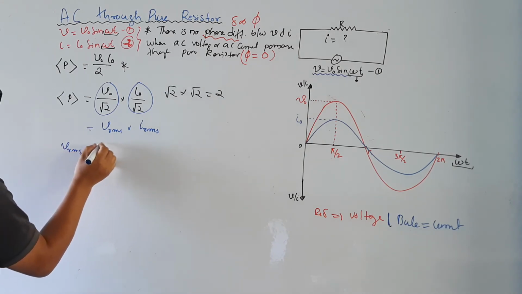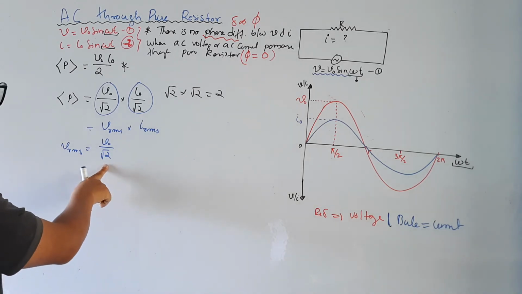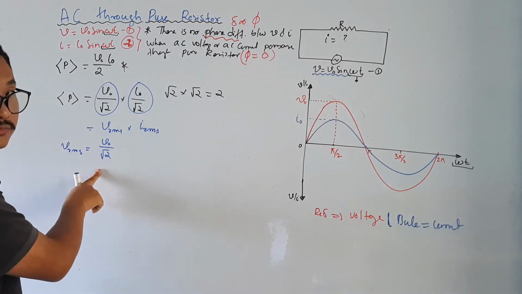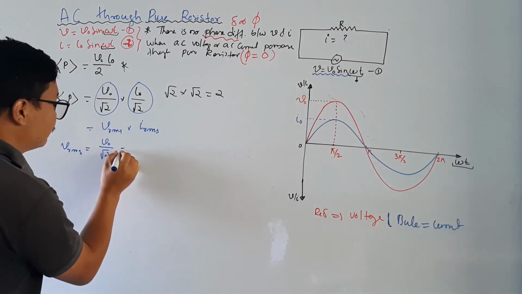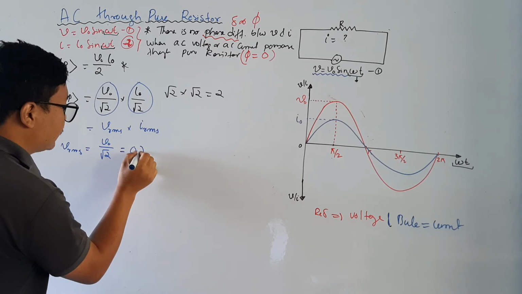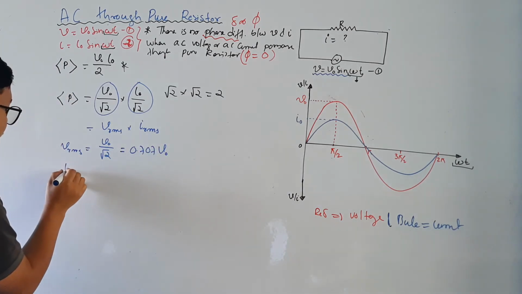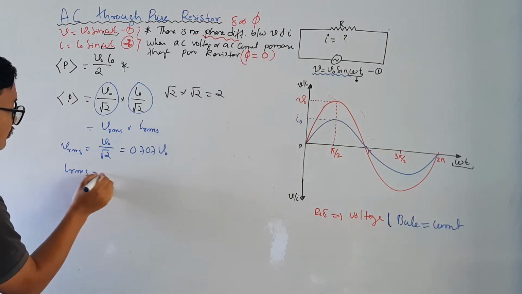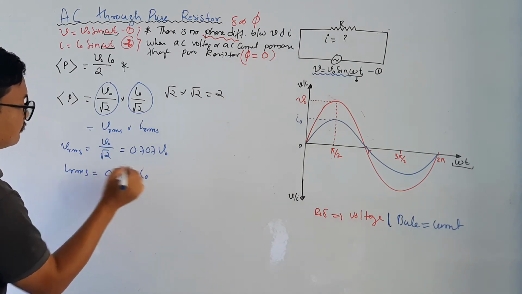VRMS is equal to how much? This is V0 by root 2. What is the value of root 2? Root 2 is 1.414. 1 divided by 1.414 gives me 0.707 V0. Similarly, IRMS is equal to 0.707 I0.